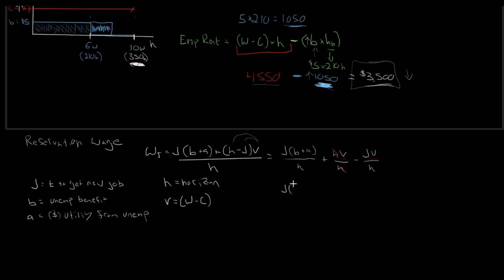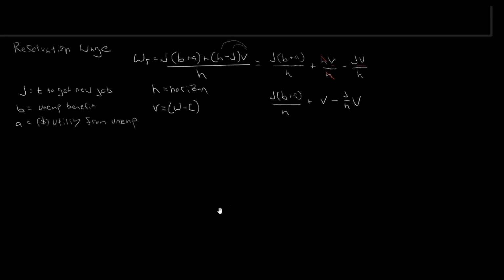We have J times B plus A all over H plus V minus J over H times V. All I've done is rewrite this whole bit as this. It's the same thing, just rewritten so it's a bit clearer given the cancellations. Just like we said, V times J, V times H, I can do the same thing.